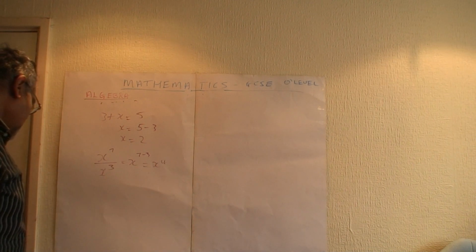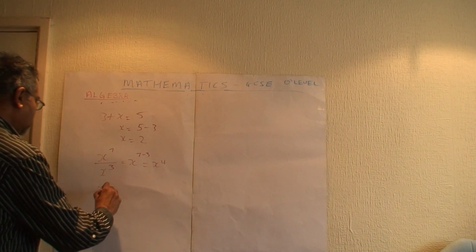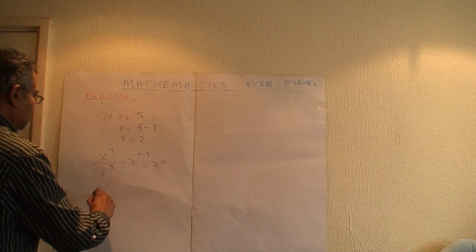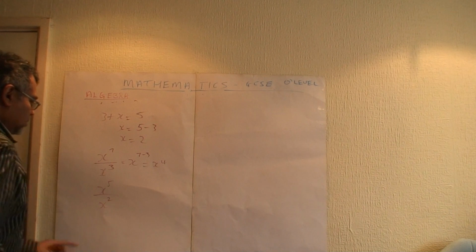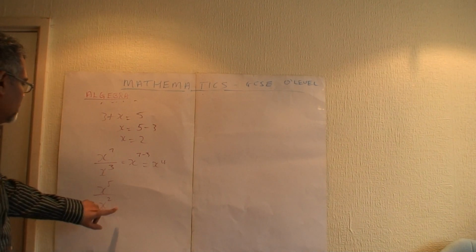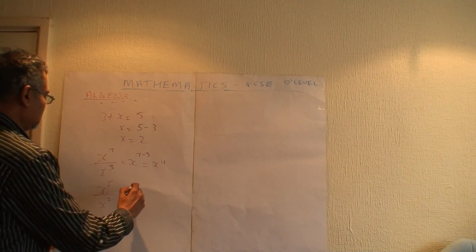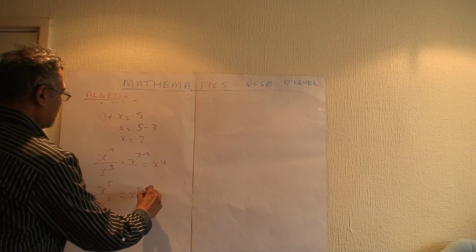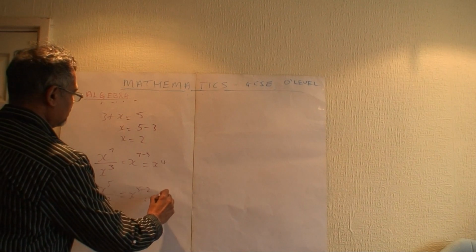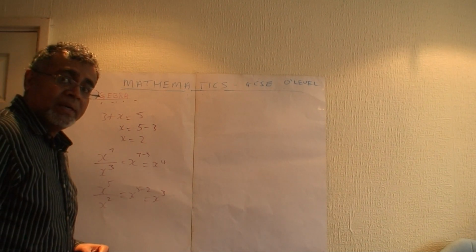What if we have x to the 5th power divided by x squared? Again, we subtract the powers: x to the 5 minus 2, x cubed.